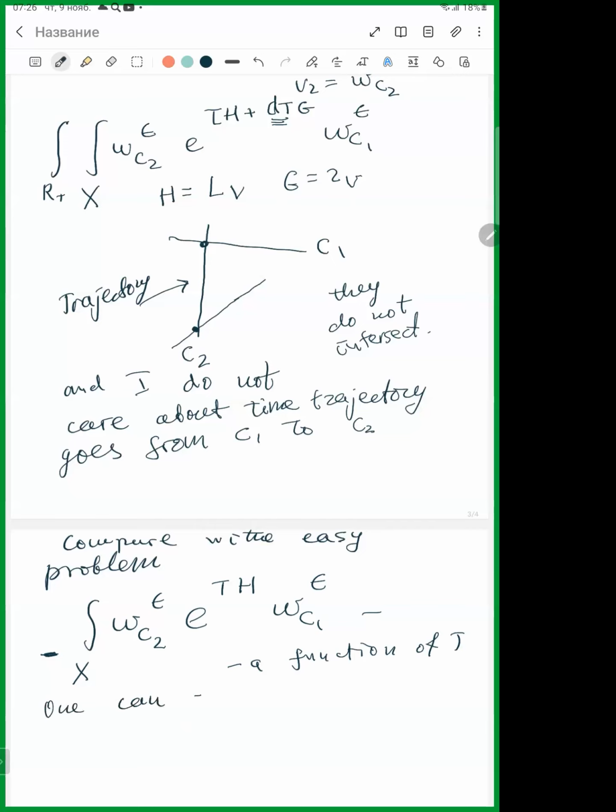One can show that f of t is actually a constant.